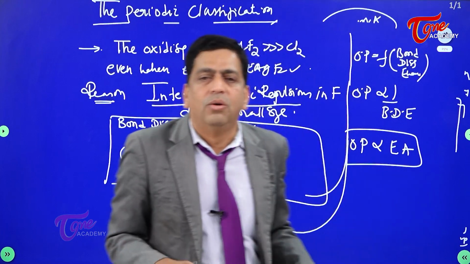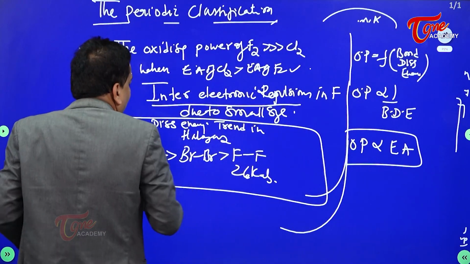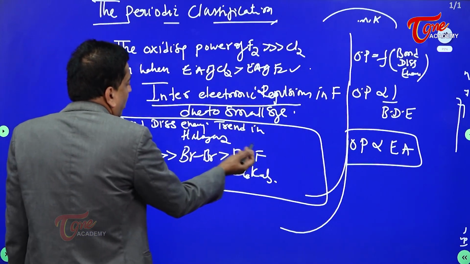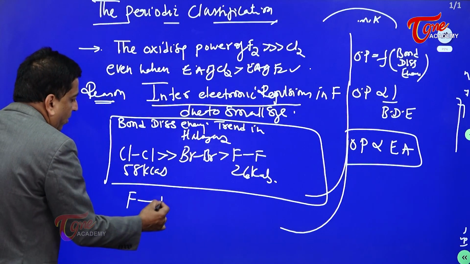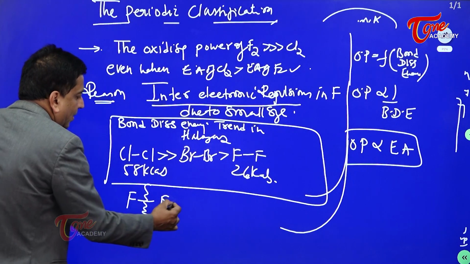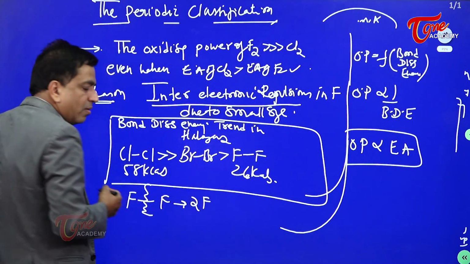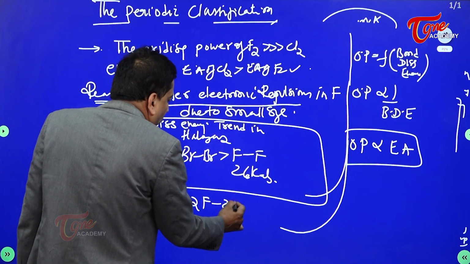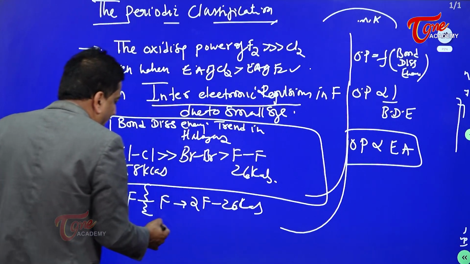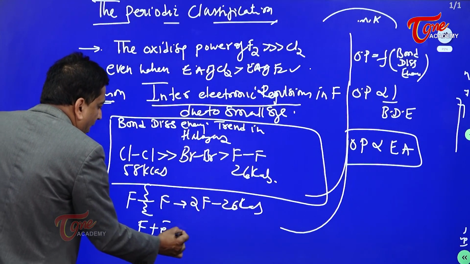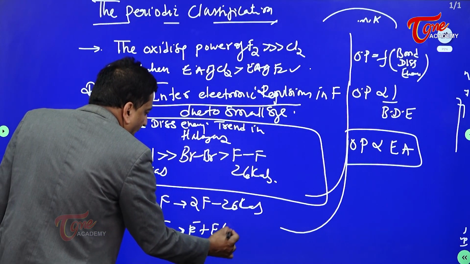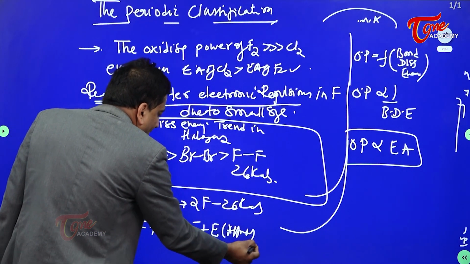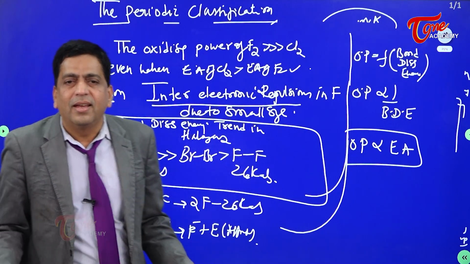So what will fluorine do? Since the bond dissociation energy is very, very small, it easily breaks, and it takes only 26 kilocalories. When it breaks, it is ready to accept the electrons and forms fluoride, and the energy is released. This is electron affinity.